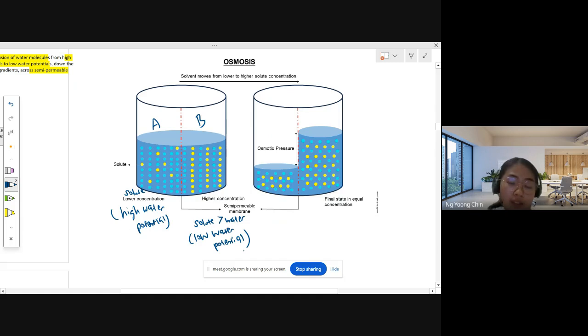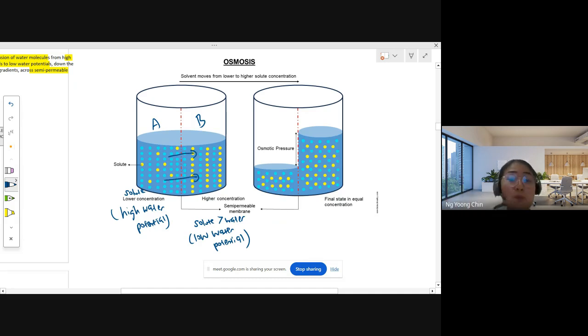Always remember that osmosis only involves the diffusion of water molecules, not other solid molecules. So when osmosis happens in beakers A and B, water molecules diffuse from the region with very high water potential to the region with a lesser amount of water and low water potential, through the semi-permeable membrane.